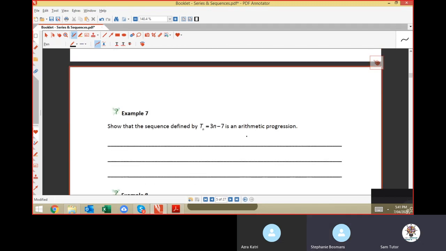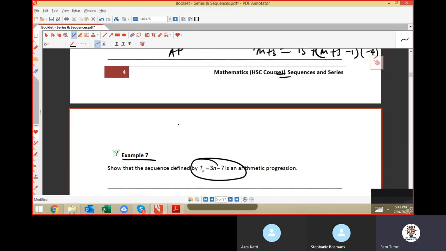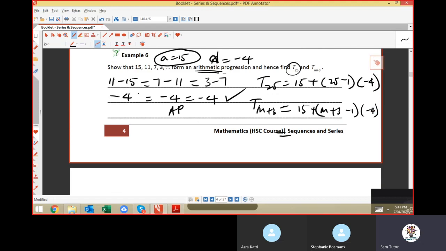No. Okay. Show that this sequence defined is an arithmetic progression. Okay, example 7. How are we going to show that this is an arithmetic progression? Any ideas? What did we do here to show that it was an arithmetic?